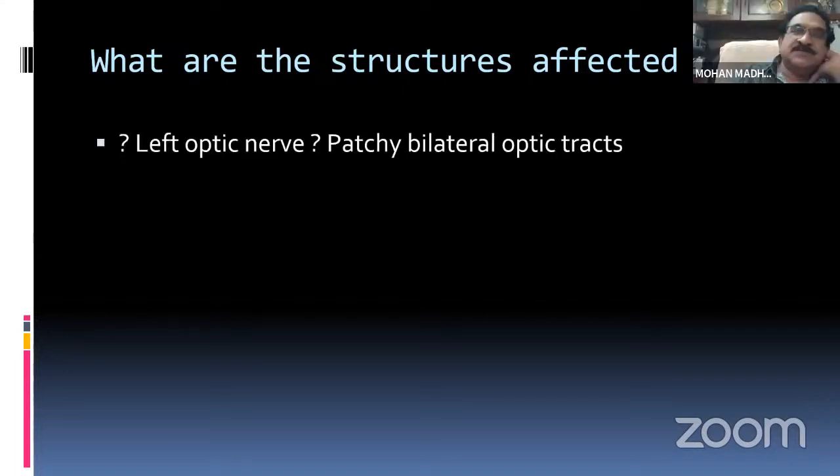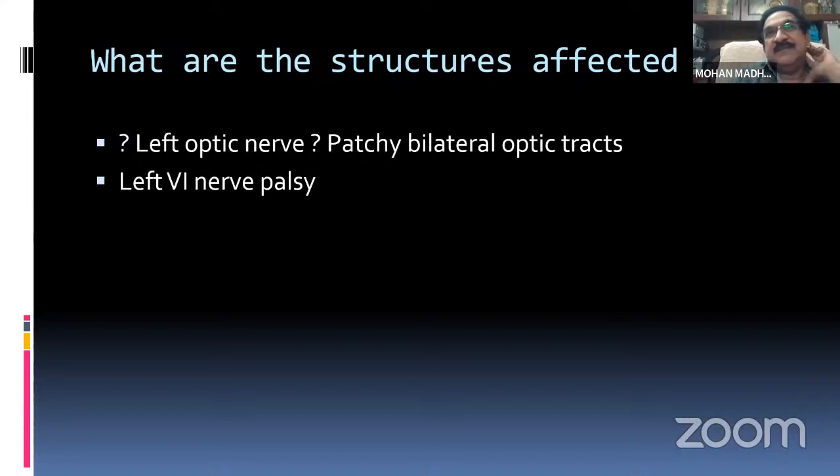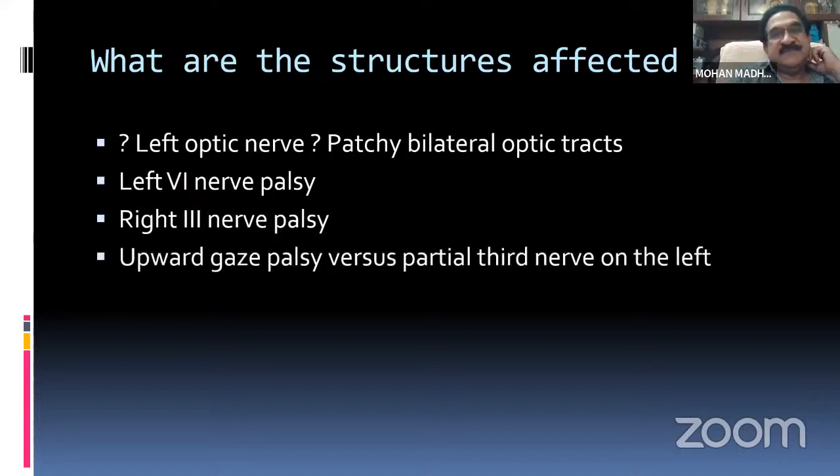Okay, these are the doubts we had: left optic nerve or patchy bilateral optic tract involvement. These are the possibilities we have to keep in mind. But optic nerve, obviously, even the right RAPD is also lost. Left sixth nerve palsy causing adduction. Right third nerve palsy because of the pupillary deficit.